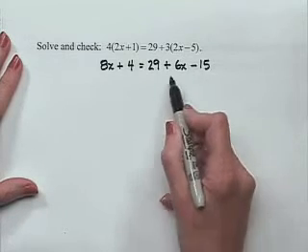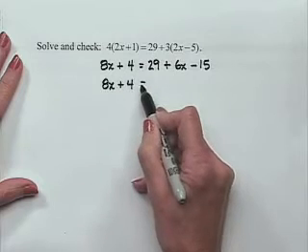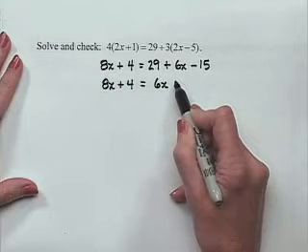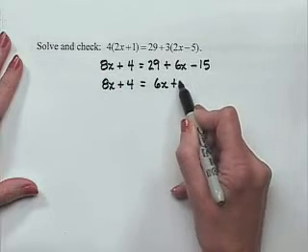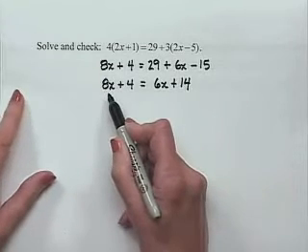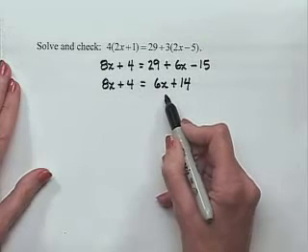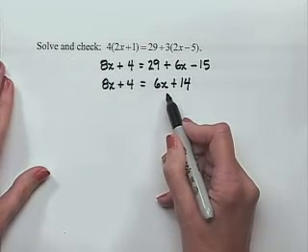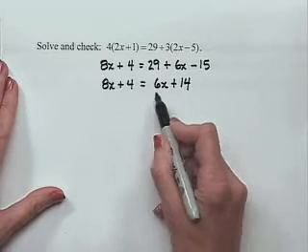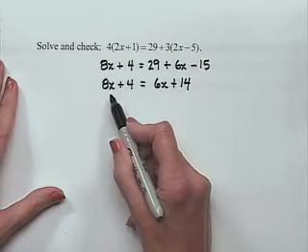Now let's combine like terms on the right. We have 8x plus 4 equals 6x, and we're going to have 29 minus 15, which will give us plus 14. Now we notice that we have a term that has x in it on the left and a term that has x in it on the right. We want to get those terms on the same side of the equation, or think of it this way, we want to subtract 6x from both sides of the equation in order to have only x variables on the left.